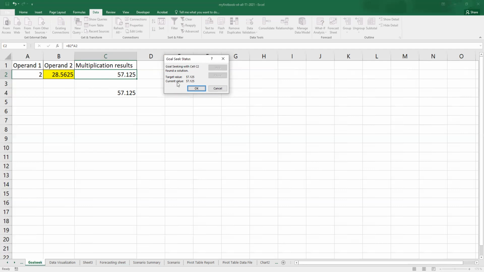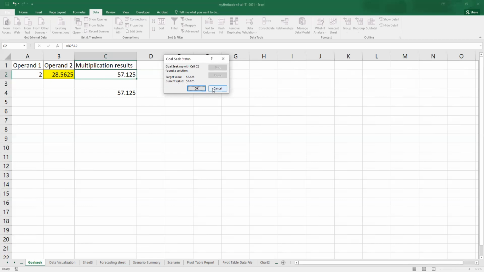You may say they are the same. Because in some calculations, Goalseek may not be able to find an exact match for 100%. It might be just like 99.5 precision.